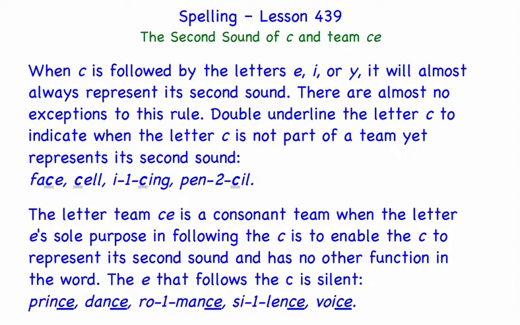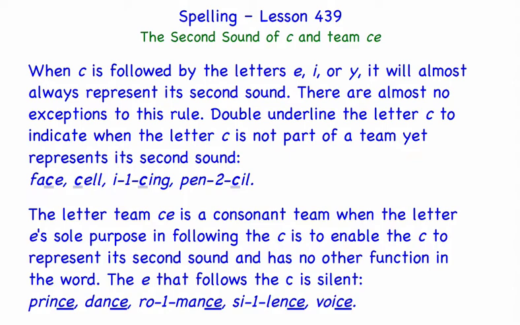Now let's talk about the consonant team CE. The letter team CE is a consonant team when the letter E's sole purpose in following the C is to enable the C to represent its second sound and has no other function in the word. The E that follows the C is silent. So let's look at some examples where CE is a consonant team.